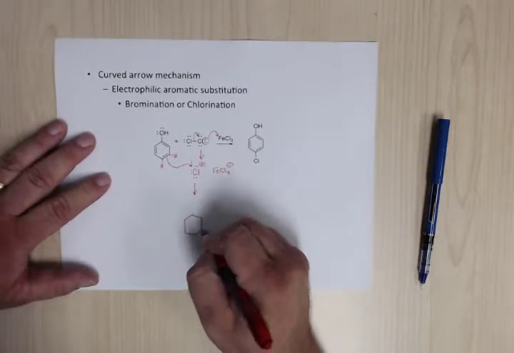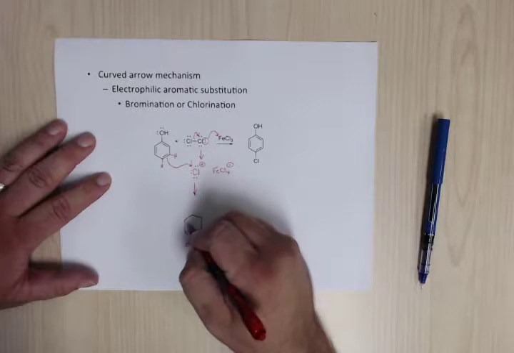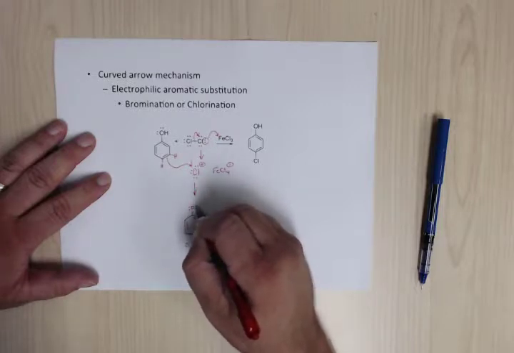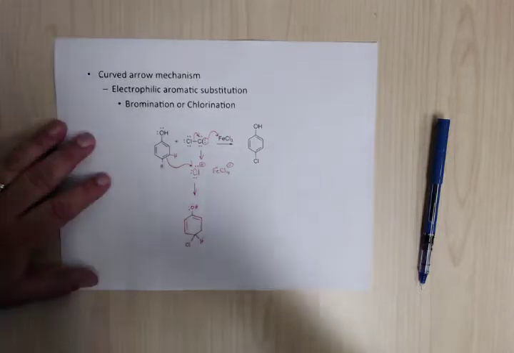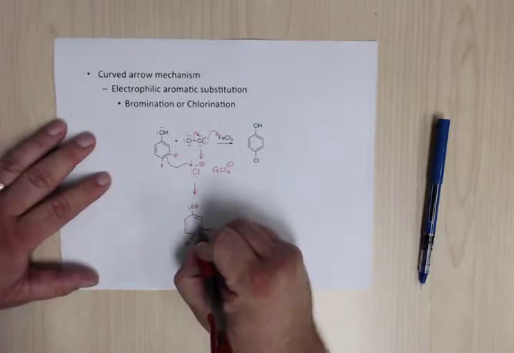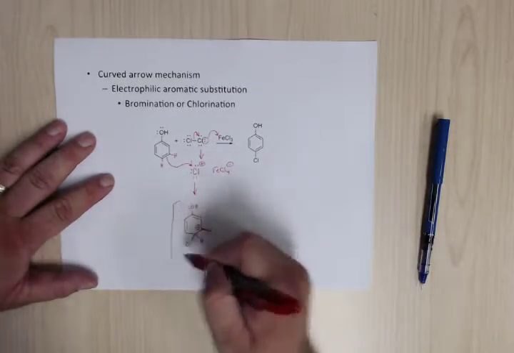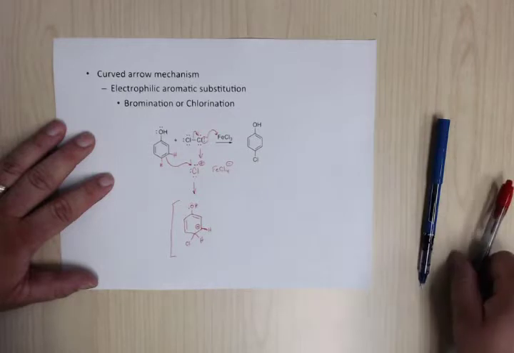So we got chlorine, hydrogen, OH, like this. Now this carbon here only has 3 bonds, so it has a plus charge there. So now we can do resonance structures.